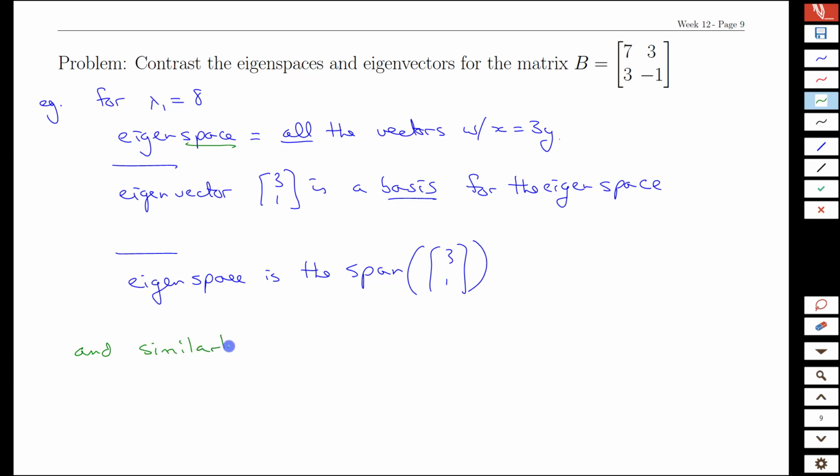And similarly, for the other eigenvalue, lambda 2 equals -2. The eigenspace would be all the vectors that satisfy its relationship. The eigenvector that we found, one of them would be enough to be a basis for it. If we take that basis, find its span, that is the space, and we get back to that same relationship.